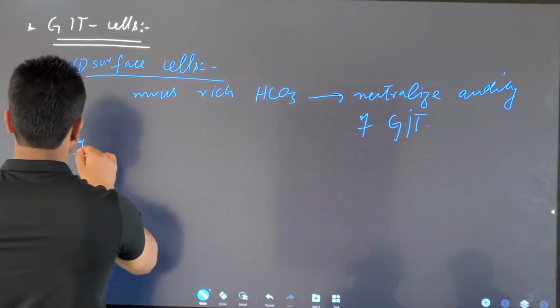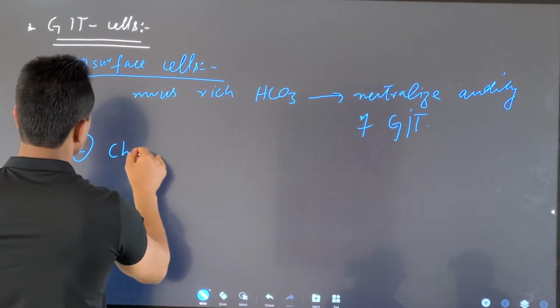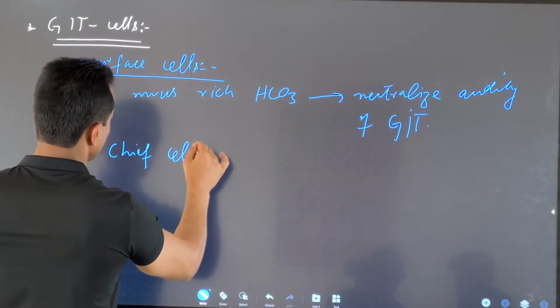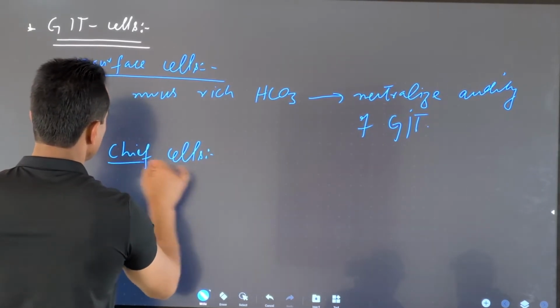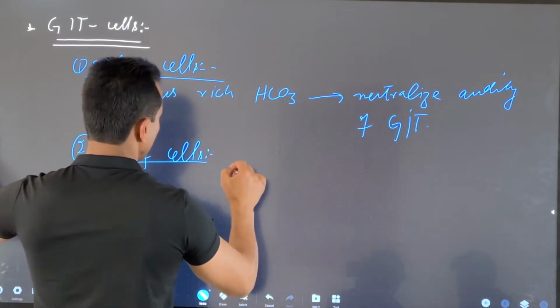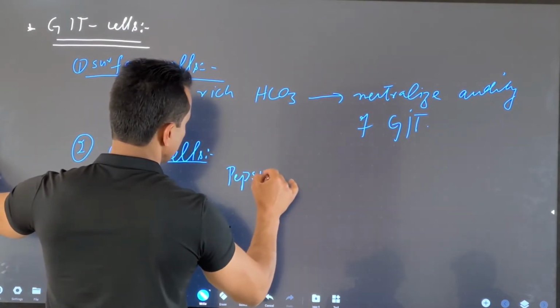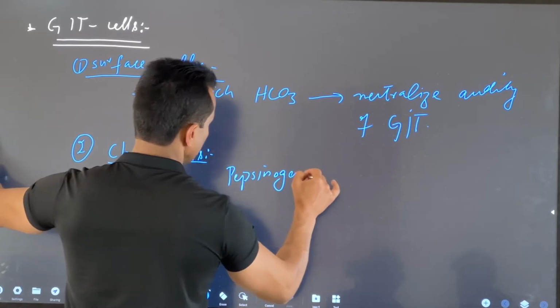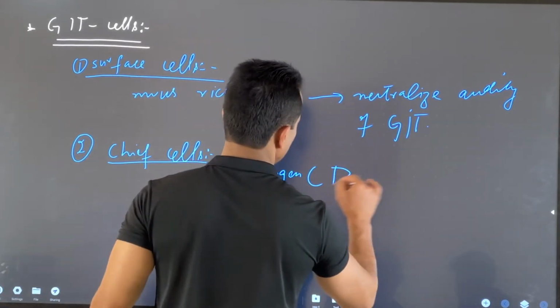And then number two, you have chief cells, and the function of these chief cells is to produce pepsinogen, and this pepsinogen helps in the digestion of proteins.